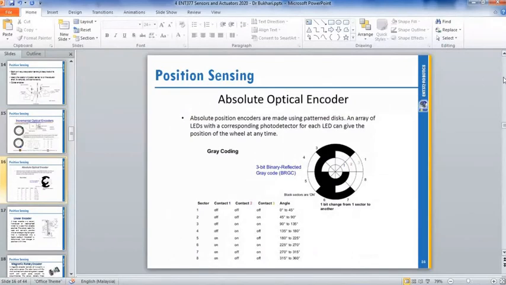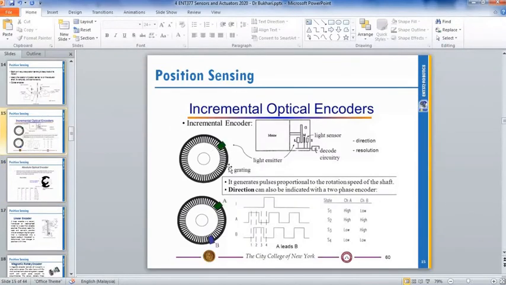So this is an incremental encoder. You can see that you only have slots. The difference is, if you have one sensor, you can only count up and down, but you don't know the direction of rotation of the motor.